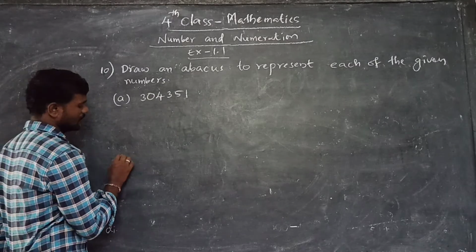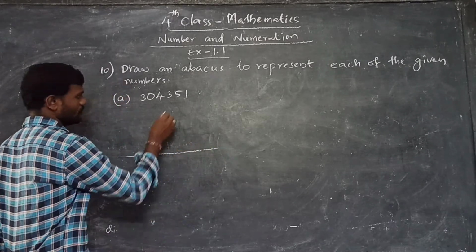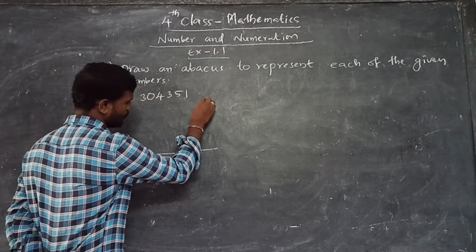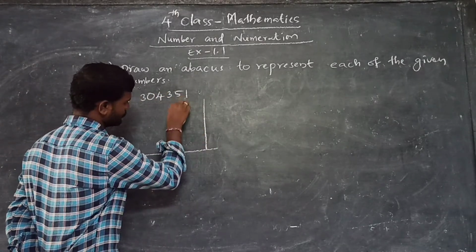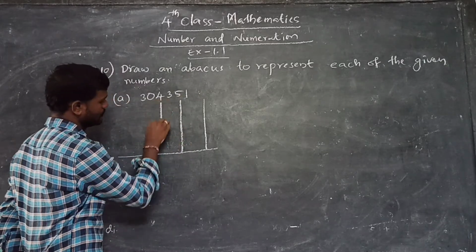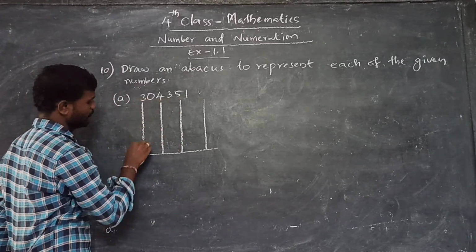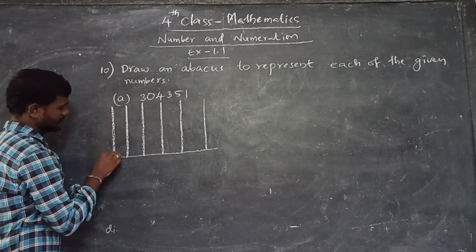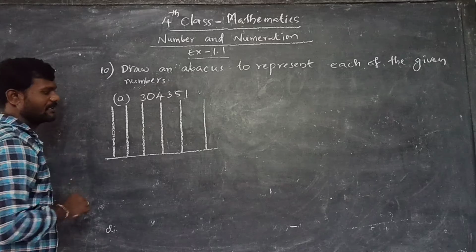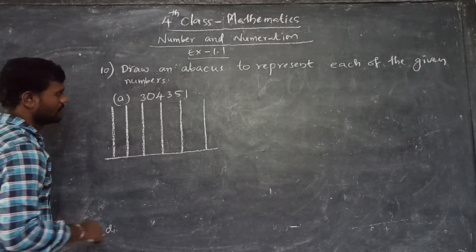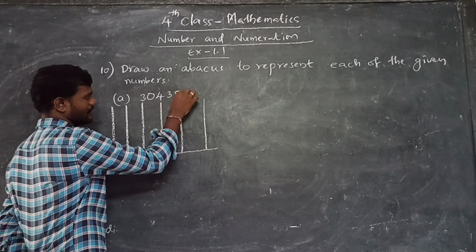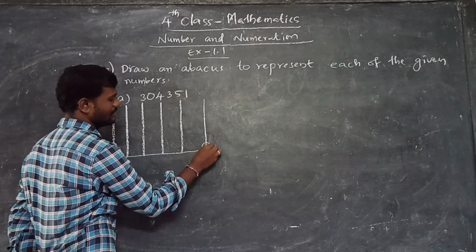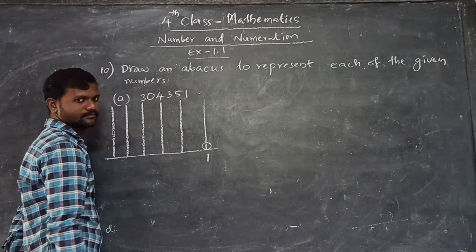First draw the abacus. 1, 2, 3, 4, 5, 6. 6 digits are there, so draw 6 lines. First one, start from this. What is here? 1. So only draw one circle here. It is nothing but 1.